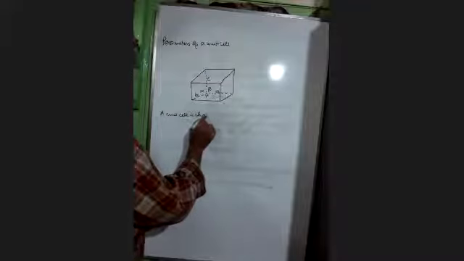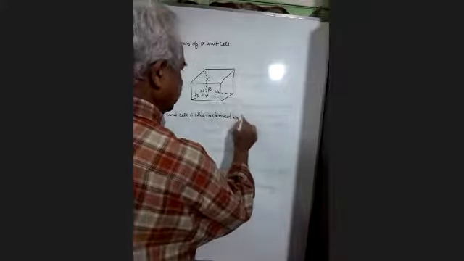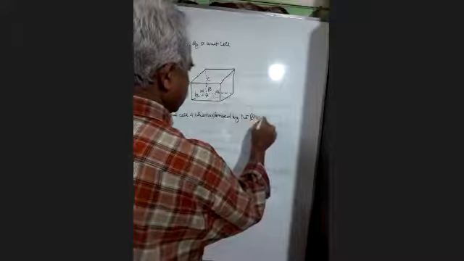So let me write down. Let me remove this. We'll write now here. A unit cell is characterized by the following parameters. 1.